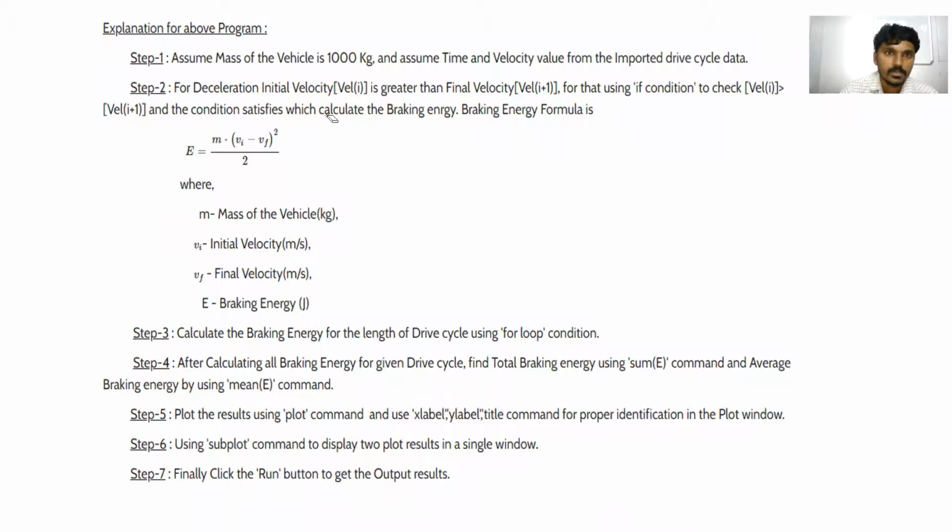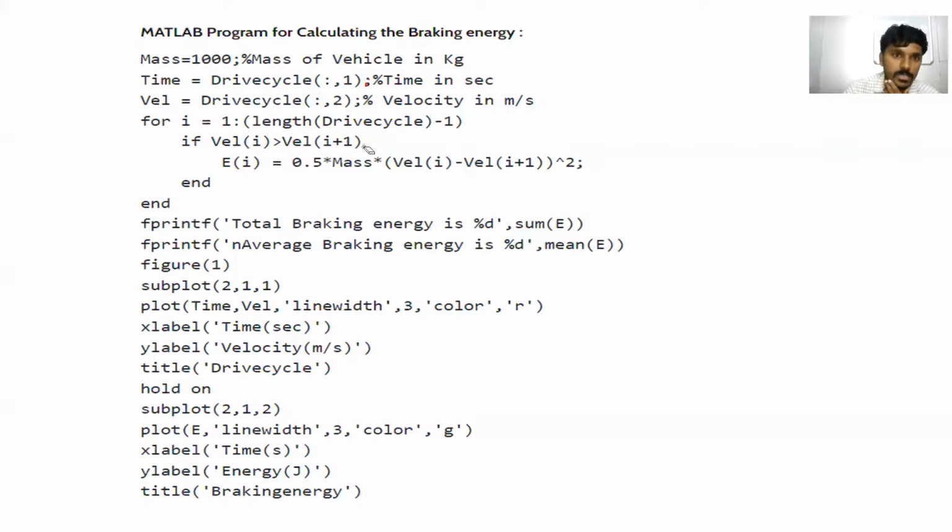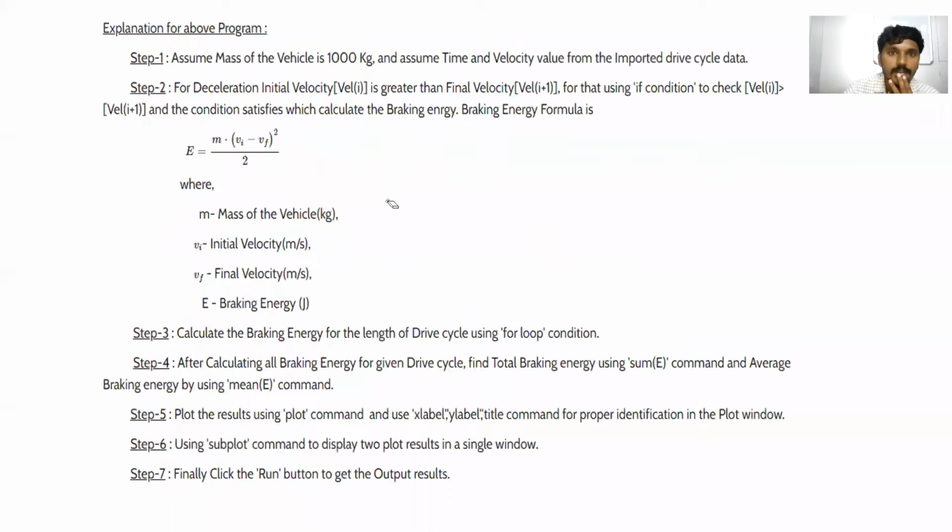So if the velocity when the braking is applied is greater than the final velocity, sorry, velocity of i plus 1 is nothing but the final velocity of the vehicle. Final velocity means the maximum speed of the vehicle.